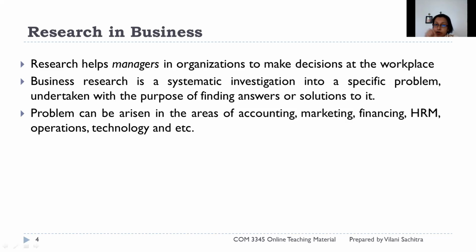But actually, by solving these problems, you are doing some kind of informal research. Why? You try to find out some ways to solve the problem, right? If it is a financial issue, you go to the bank and take a loan. If you cannot go to the bank and take a loan, you try the informal channel, right? Or you take some assistance from your friends, your neighbors, or your relatives, right? So that's the way you are trying to solve the problem, right? In research, we let you know how to solve that problem in a systematic approach.